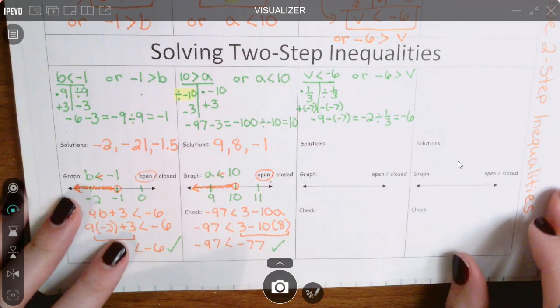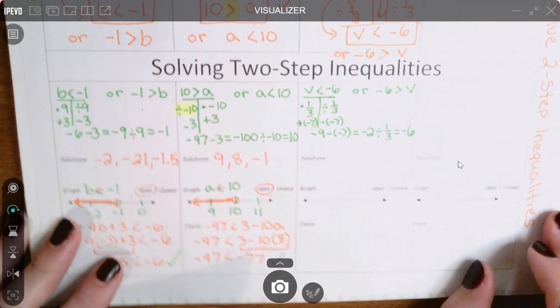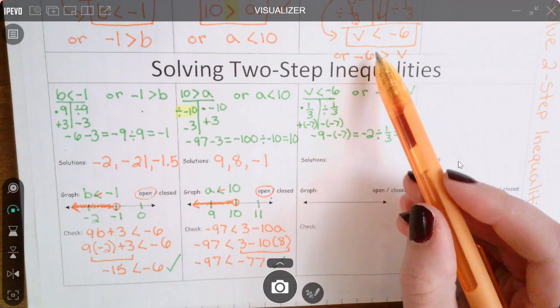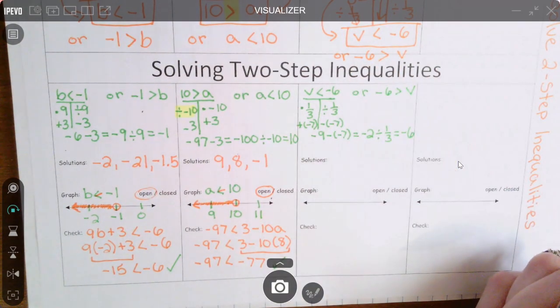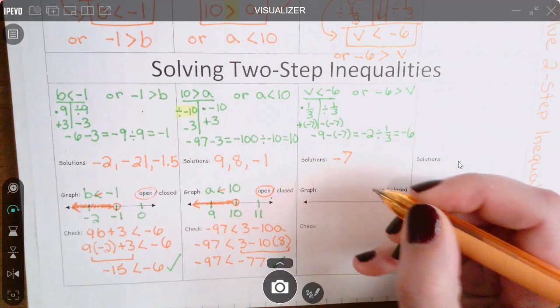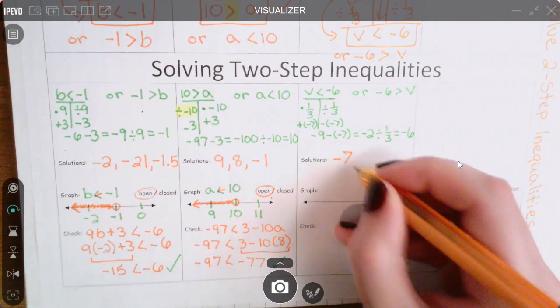Okay, moving on to some possible solutions. So I need a number that is less than -6. So remember, when you're dealing with negatives, a number less than -6 would be to the left of it on the number line. So something like -7. You could have -10.